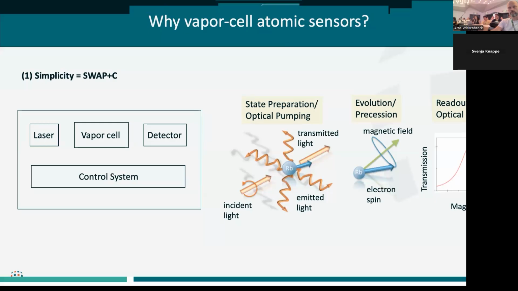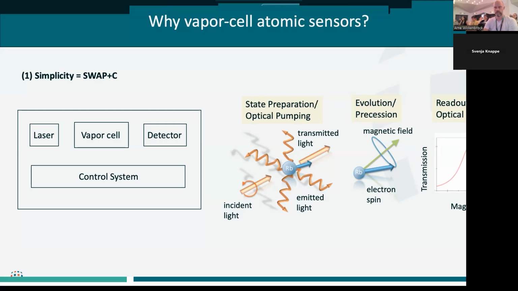And so these systems, we have our atoms, and they're flying around in our vapor cell. And we also heard already, we always have a state preparation. So we pump atomic spins into some state, we let it evolve, and then we read it out. And that can happen sequentially, or it can happen simultaneously, that we pump and probe at the same time.